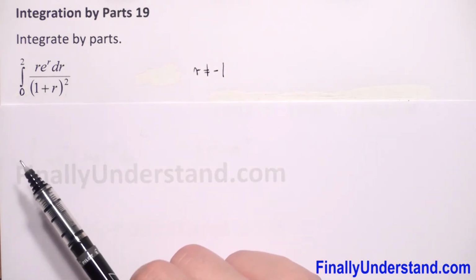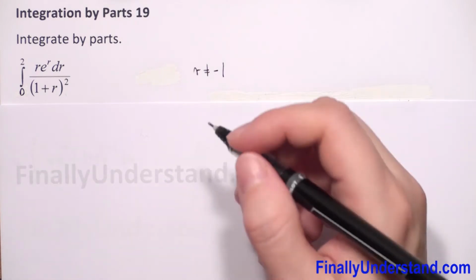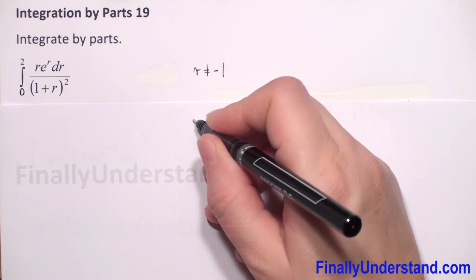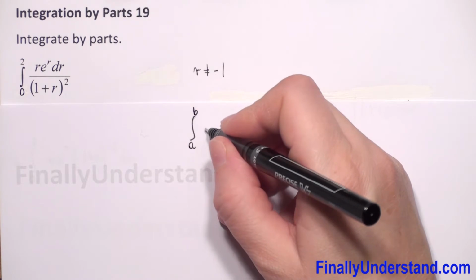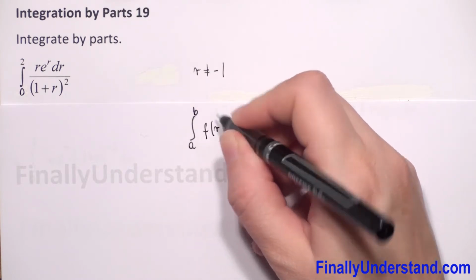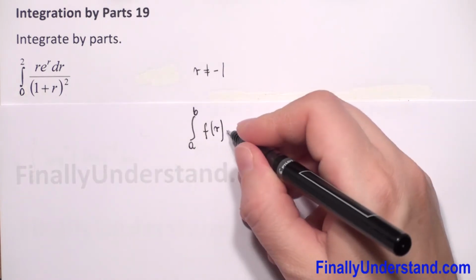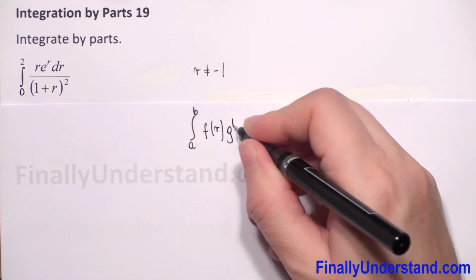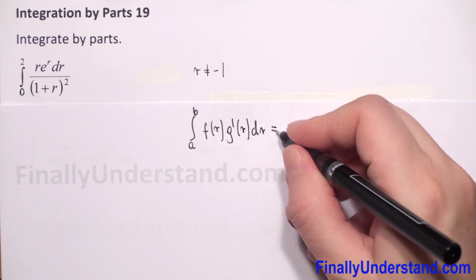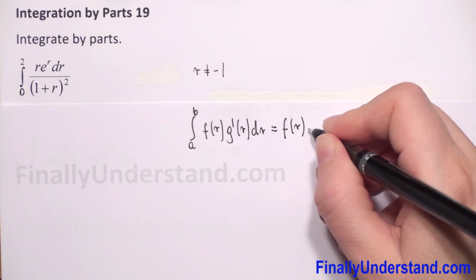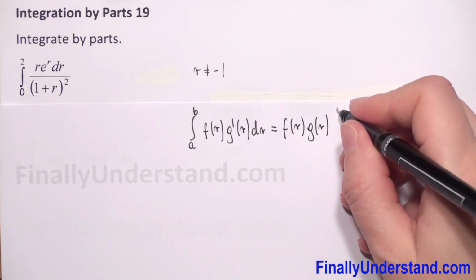Next, because we need to do integration by parts, let me remind you of the formula. When we have a definite integral from a to b of f of r times g prime of r dr, because in this case we have integral with respect to r, this is equal to f of r times g of r, and next we have to put a vertical bar.